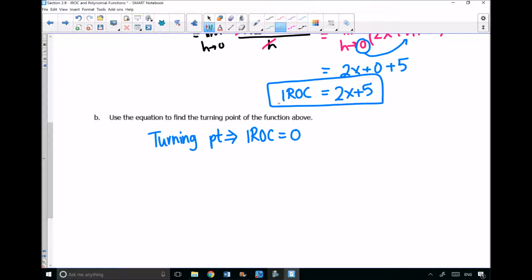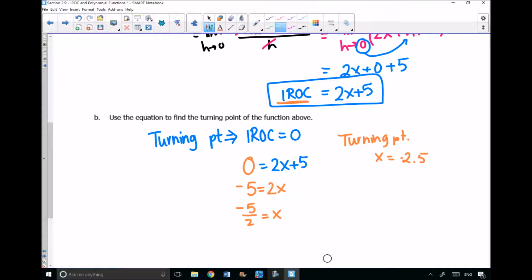So instead of saying my instantaneous rate of change right here, I'm just going to use 0, and then I'm going to say 0 equals 2x plus 5. Okay, so then when I solve this equation, I get negative 5 equals 2x. So therefore, I get negative 5 over 2 equals x. That's where my turning point is. So my turning point occurs when x is negative 2.5.